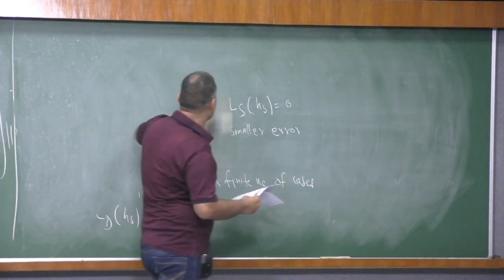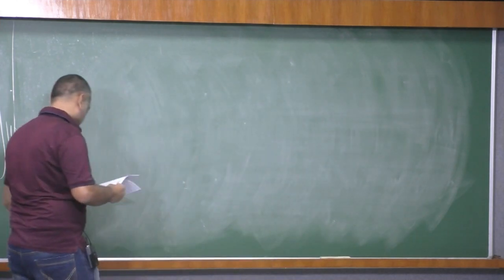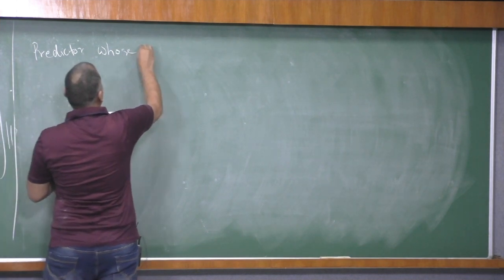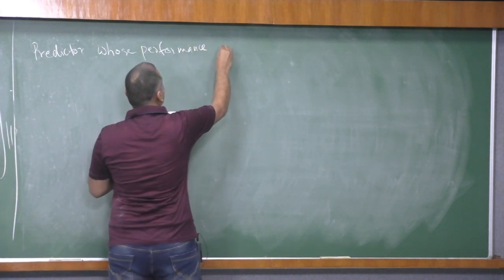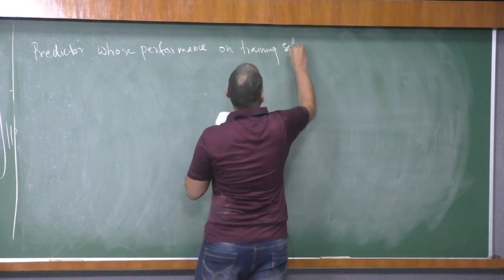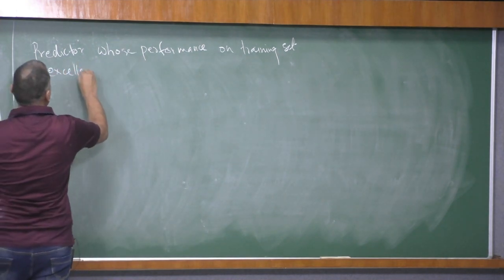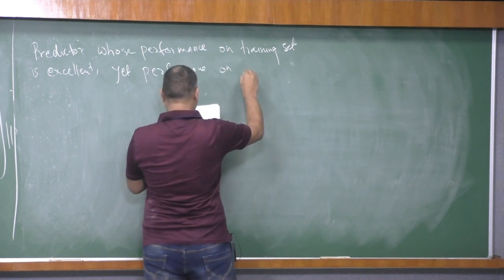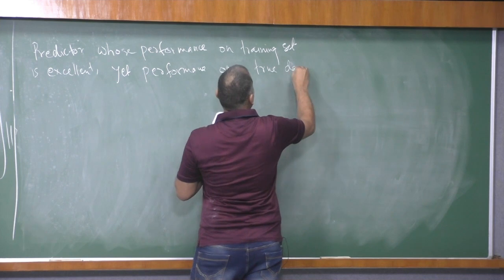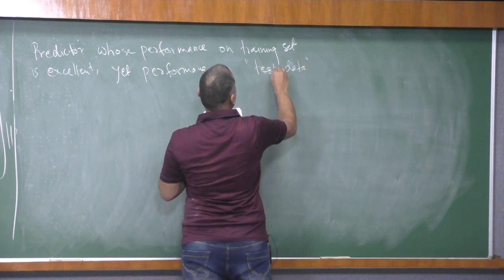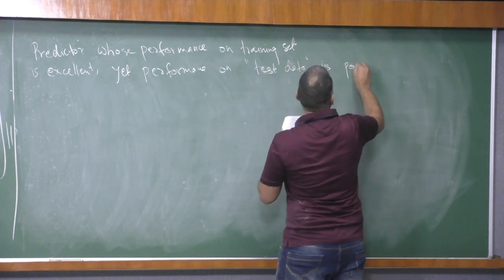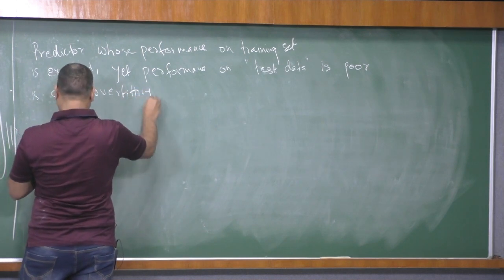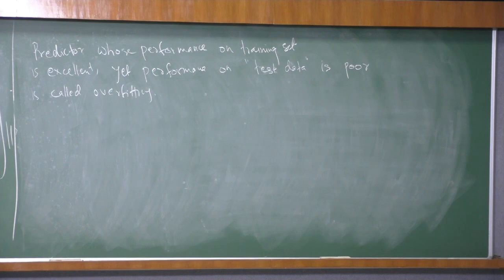So what exactly is overfitting? A predictor whose performance on the training set is excellent, yet performance on the true data, I mean the test data, let me use test data itself, let us not introduce too many words, the test data is poor, is called overfitting.